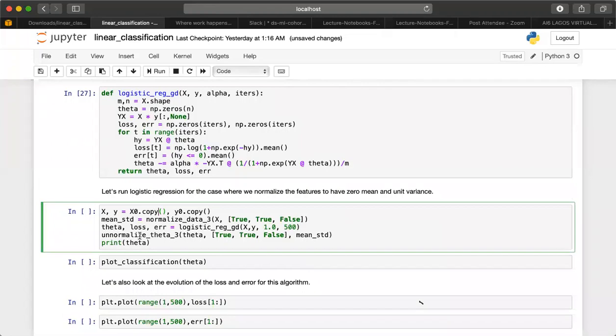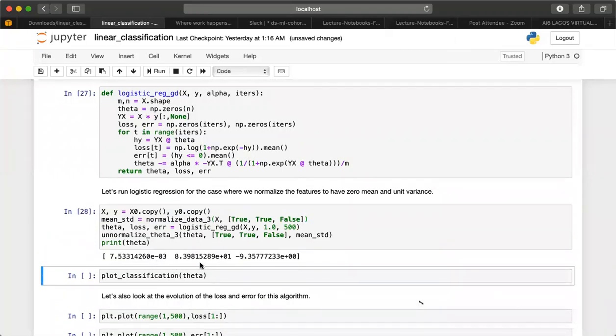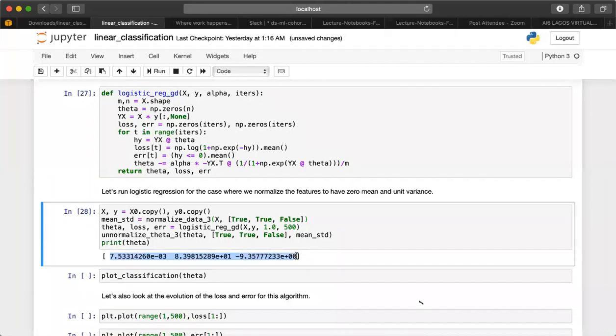And again, here we are not using the first normalization method that we used before. We're using the last one, that I told you I prefer using. And then this is what we have as our values of theta.